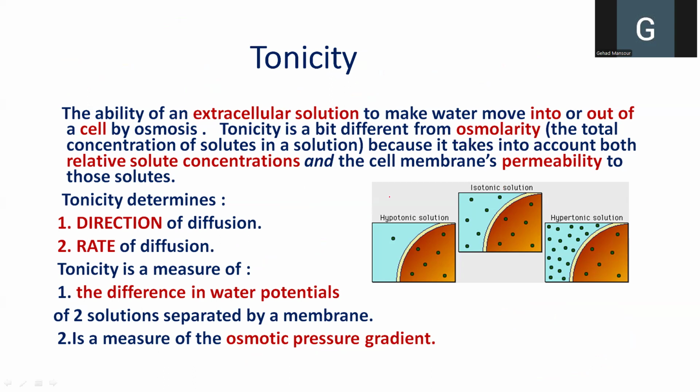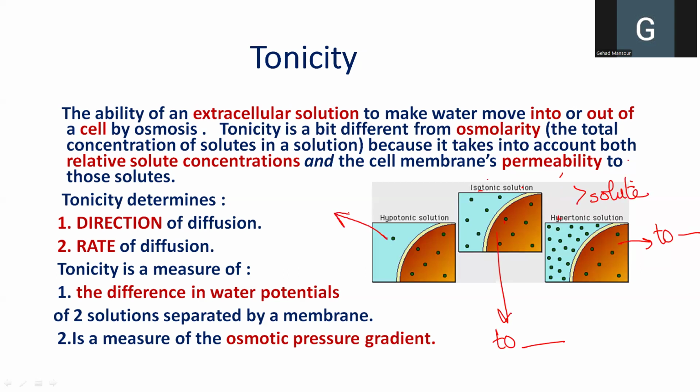When we say hypotonic or hypertonic or isotonic, we usually compare between two solutions. So if I say that this solution is isotonic, it should be isotonic to another solution, for example solution A, or B, or C. Hypertonic means hypertonic to another solution, and in such a case, it would have more solute than the other solution.